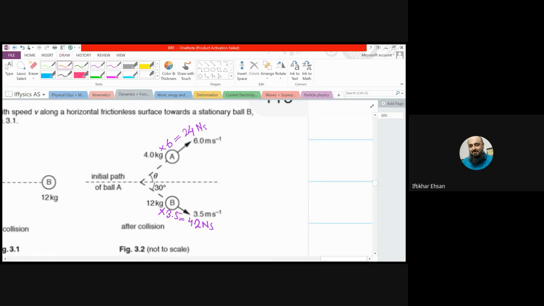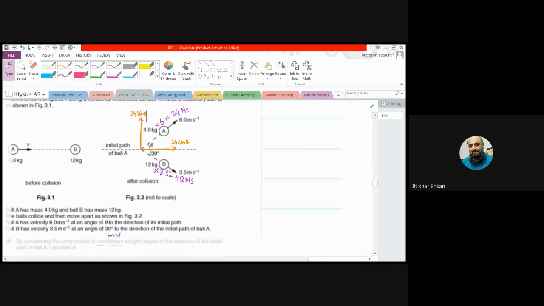So it will have a horizontal component that will be original times cos of theta, right? Original is 24 Newton second. And the vertical component will be original times sine theta. Original is 24 sine of theta.